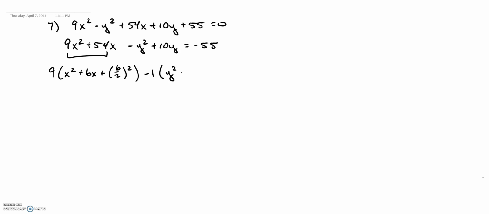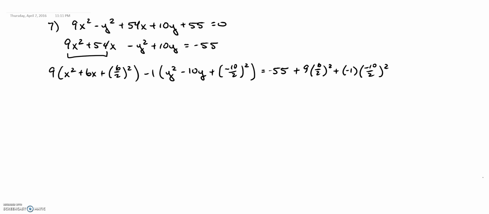I'm left with y squared minus 10y plus negative 10 over 2 squared, with the negative 55 plus 9 times 6 over 2 squared plus negative 1 times negative 10 over 2 squared.